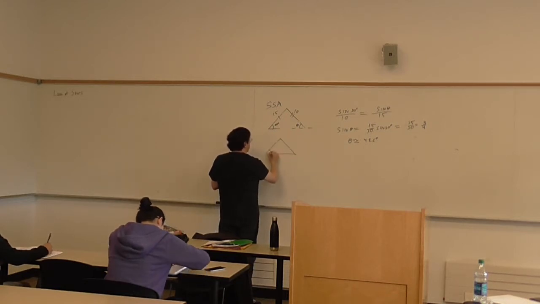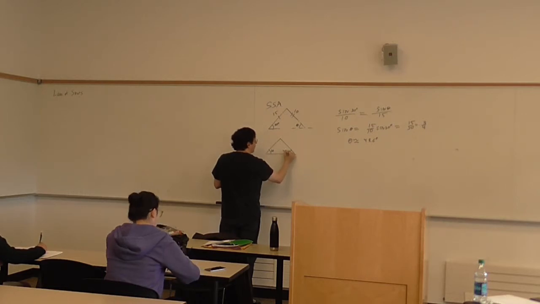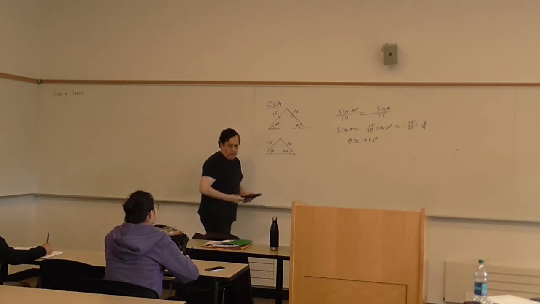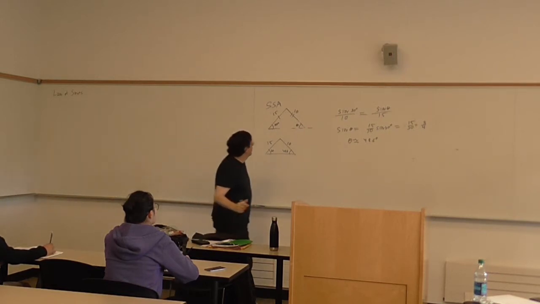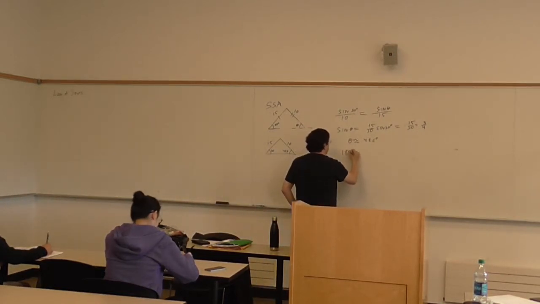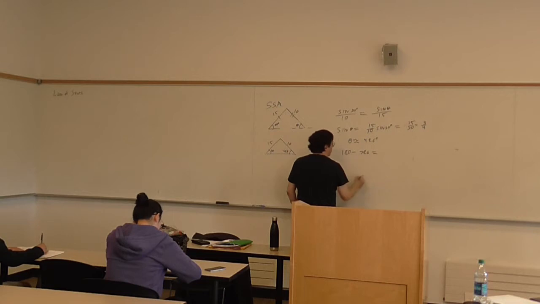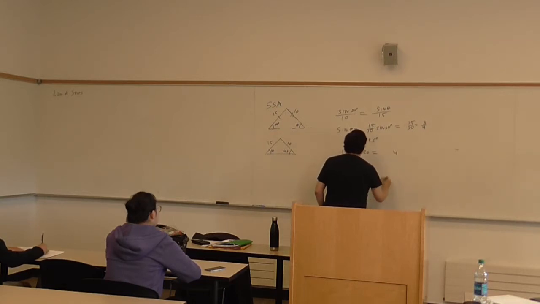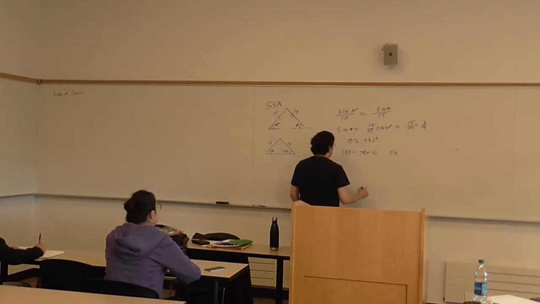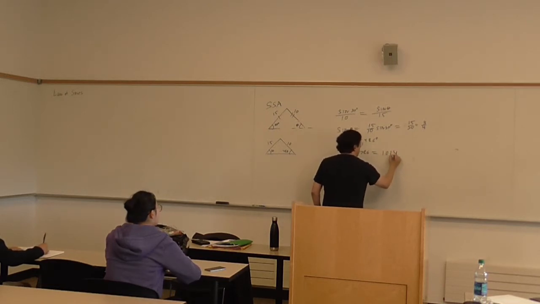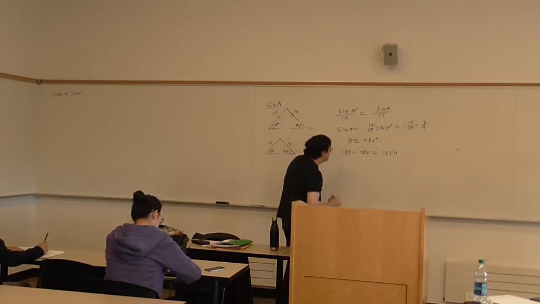Looks pretty good. 30 degrees, 48.6, 15, 10, and let's see, 180 minus 30 plus 48.6, 78.6 is what? 101.4, is that right?